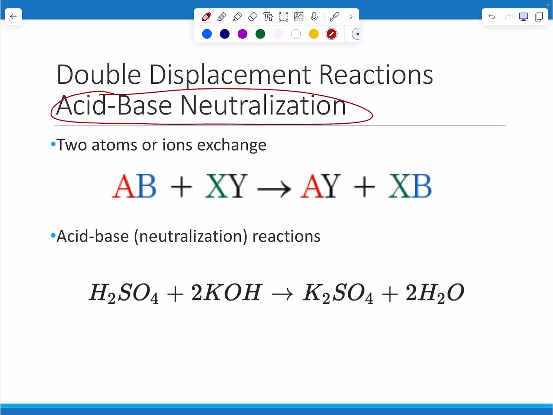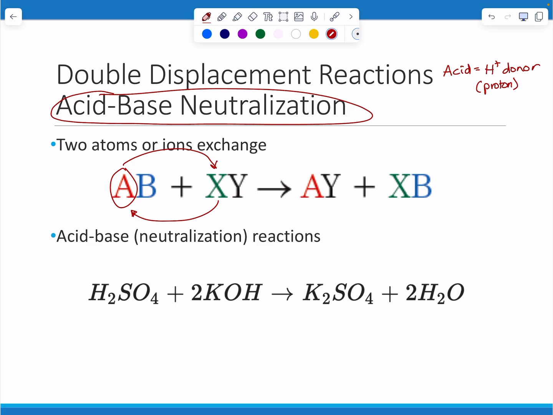And so when you have two atoms, okay, or ions that exchange, do this double displacement thing, and the chemicals that you're dealing with are an acid and a base, okay. So our definition of acids, okay, is a hydrogen ion donor. Okay, we call them proton donors because that's what a hydrogen ion is.